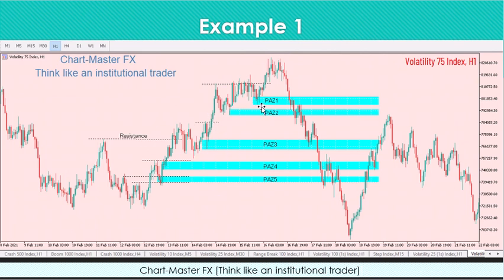You need to give your zones some space, some free flow. There's no need for them to be engulfing or intersecting each other. You need to leave some space so that there is a free flow here.